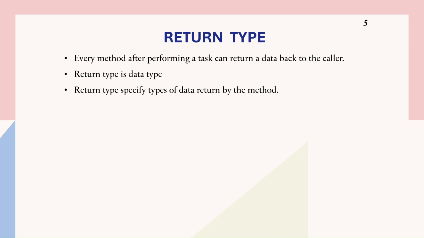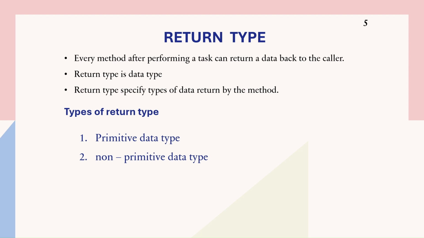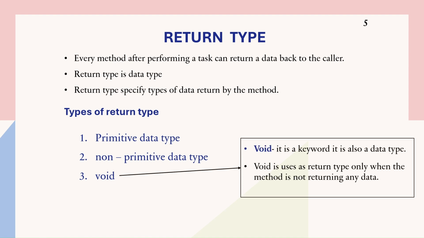If we talk about the types of return types, they are primitive data type, non-primitive data type, and void. If you want to know more about primitive and non-primitive, I mentioned it in the three dots; you can go there and watch the video on primitive and non-primitive data types in depth. In this video, we just discuss void. Void is a keyword. It is also a data type.